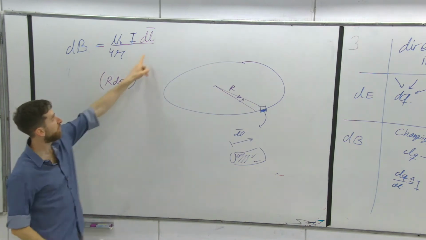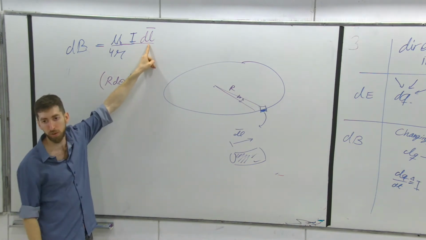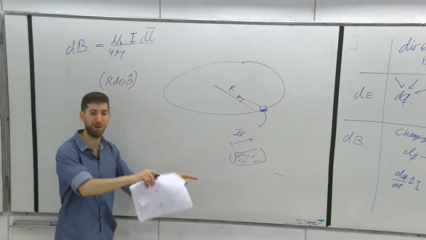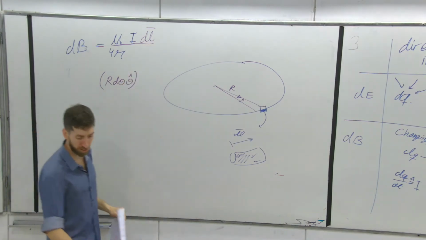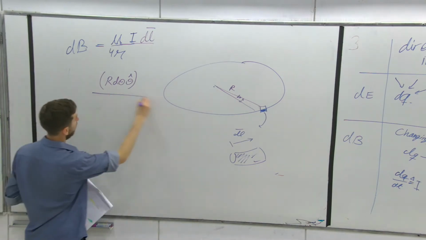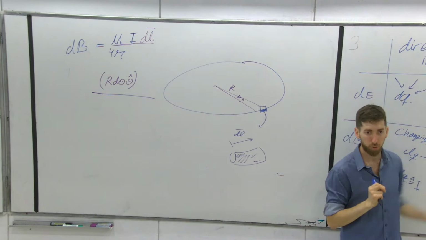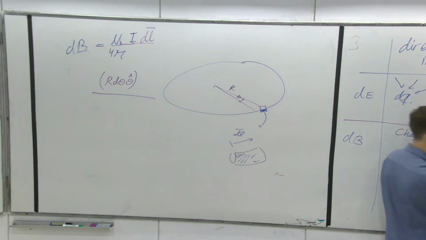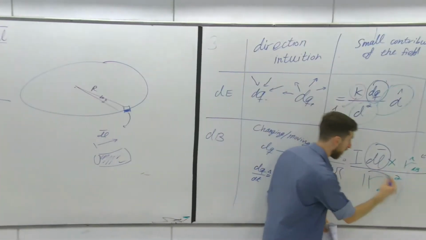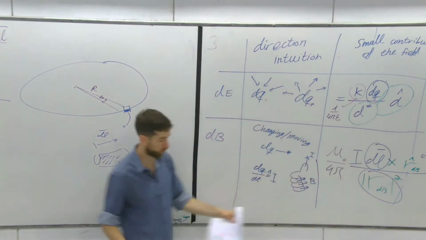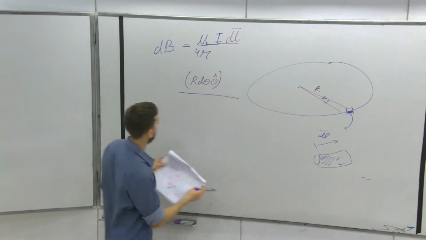And this is the hard thing about Biot-Savart, just to understand what is the dl. I don't say it's hard, but this is the hard part. We have two players we need to understand to solve Biot-Savart. We need to understand what is the dl, and we need to find the distance vector. The distance vector is really simple.